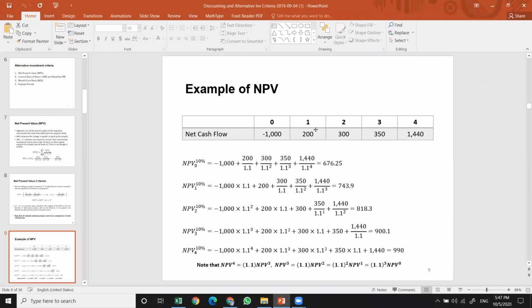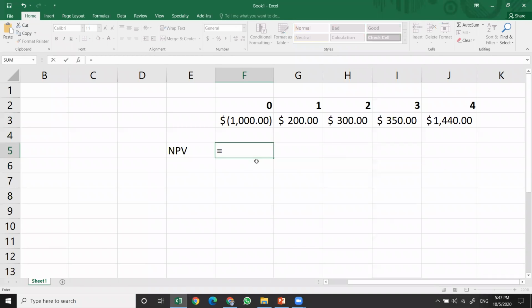Look, what do they do? They discount each cash flow. They bring each cash flow to year 0, discounting at the rate of 10%. This is just a simple NPV. So this 100 is divided by 1.10 to the power 1, and so on.